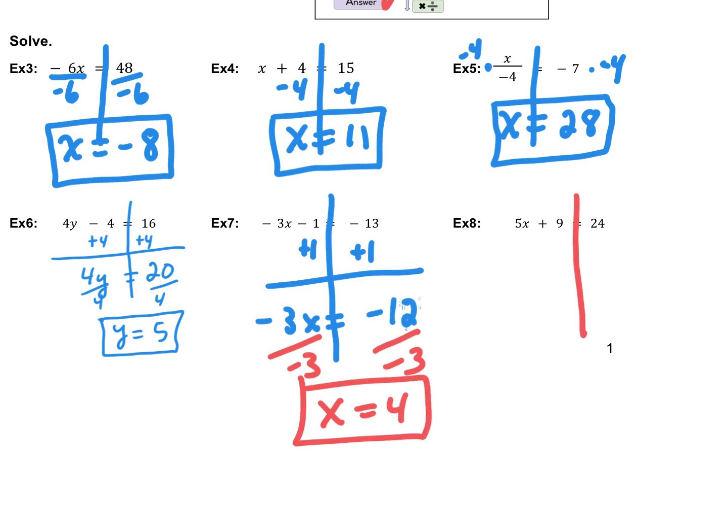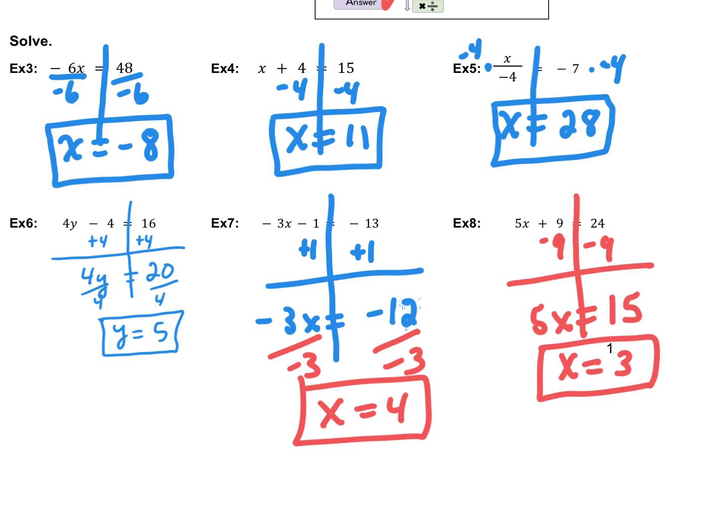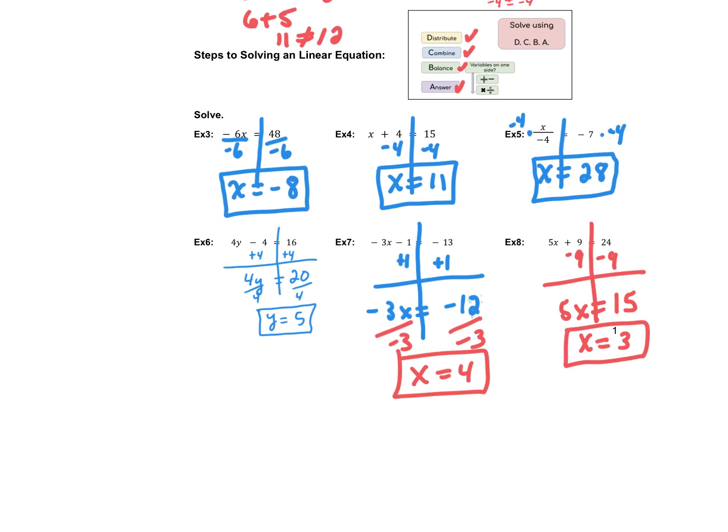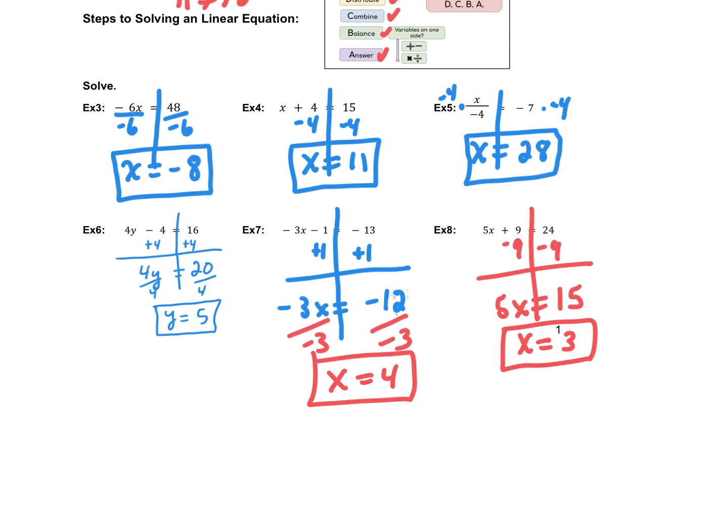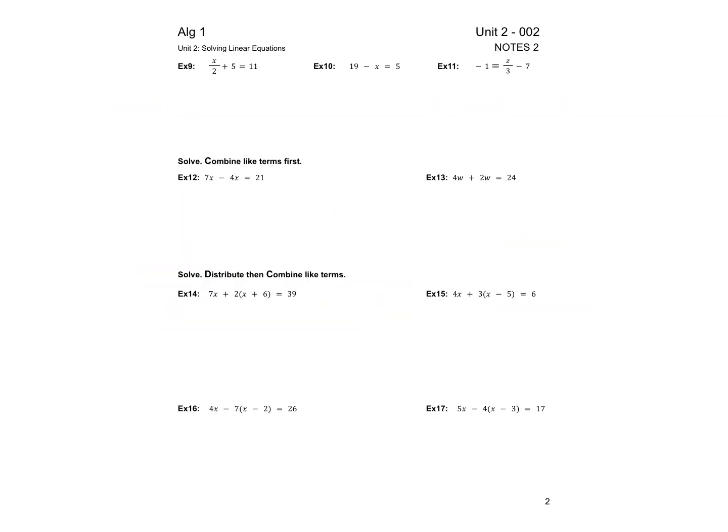Draw your line. -9, -9. 5x equals 15. X is equal to 3. Okay. So 3, 4, 5, 6, 7, 8 have one solution.